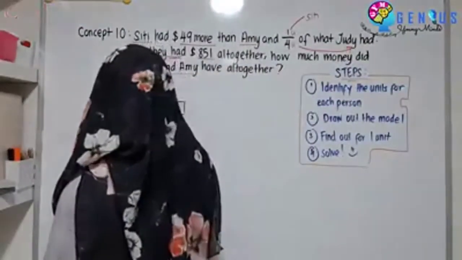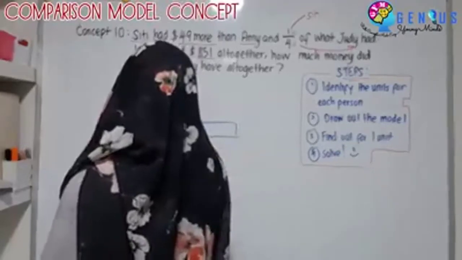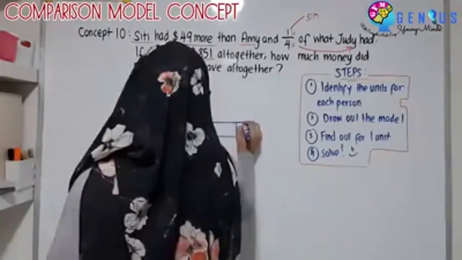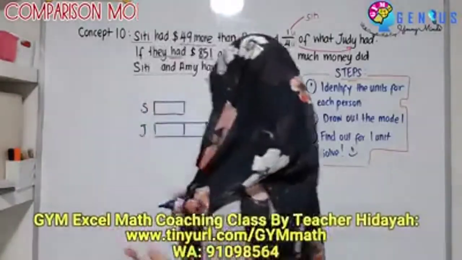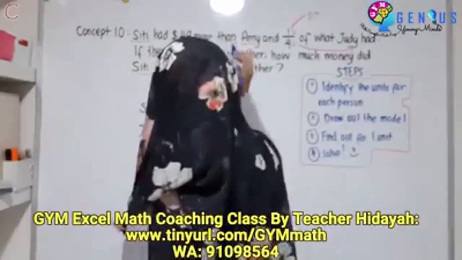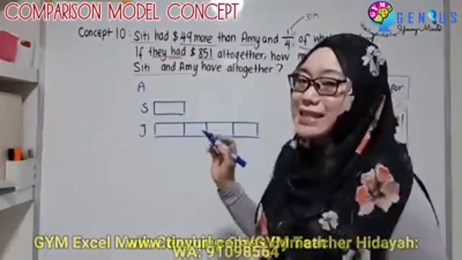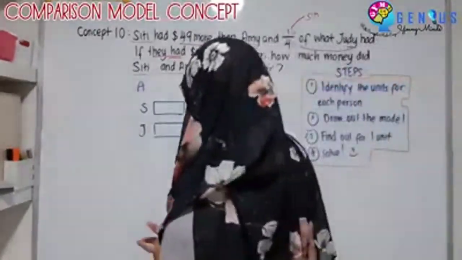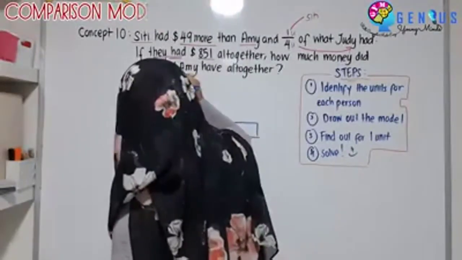So Judy has 4 units, and I can start drawing these 2 girls first. So 1, 2, 3, and then 4. Try to make them as equal as possible. Now we know Amy, and when we compare to Siti, Siti has $49 more, which means Amy is $49 shorter.